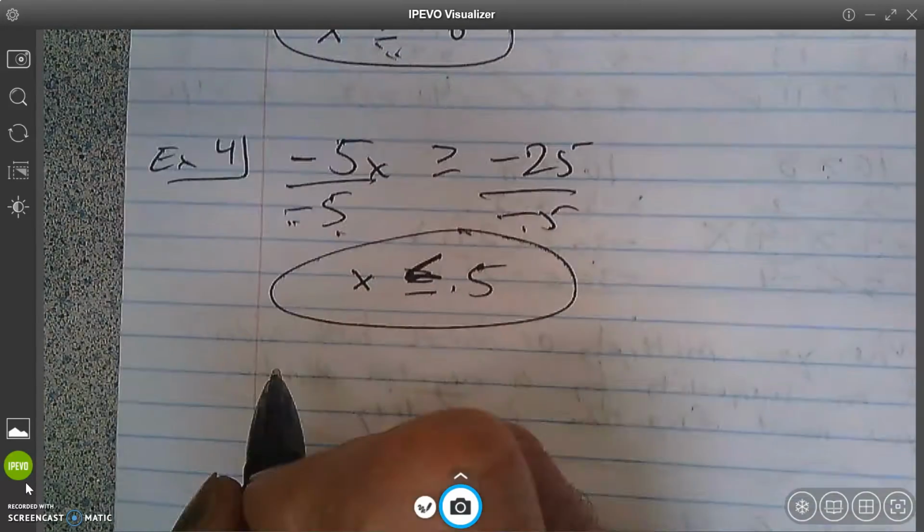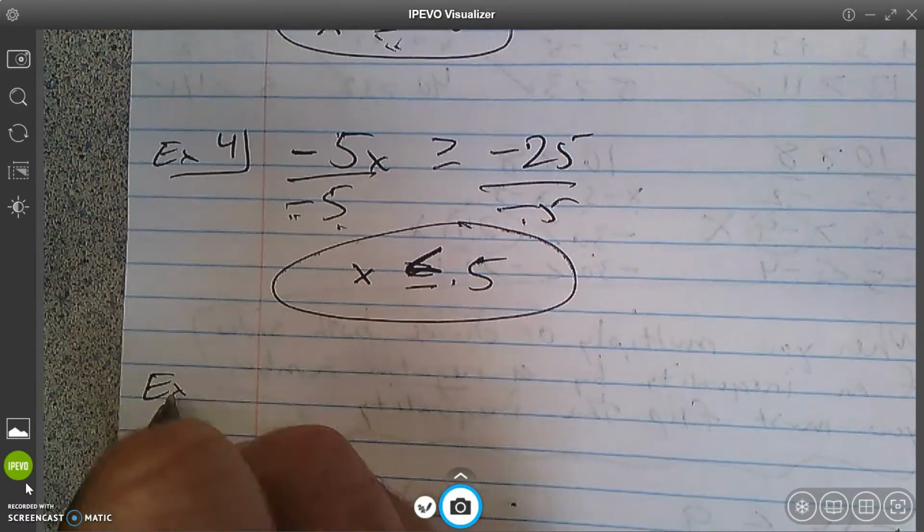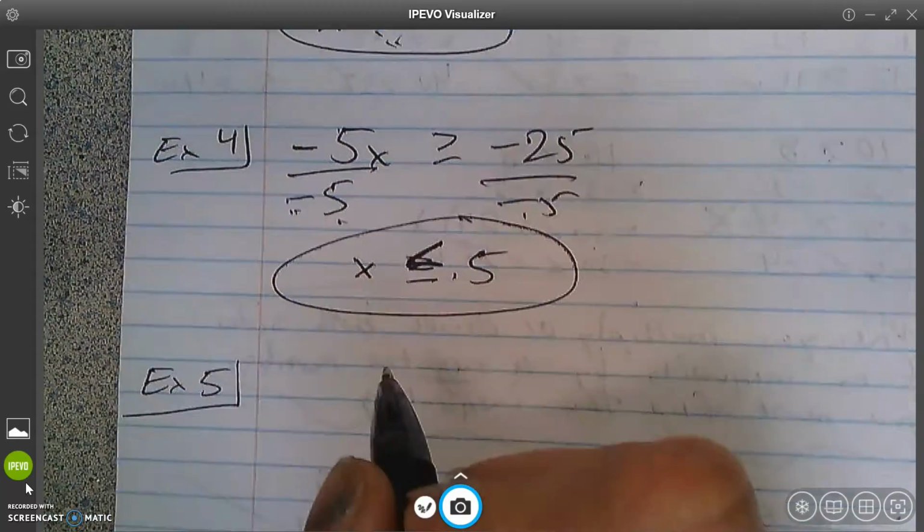All right, last thing. Which one do you flip the inequality? Which one do you not?